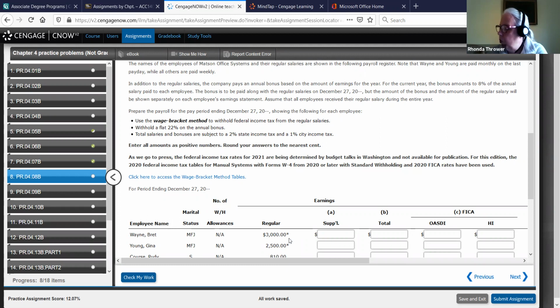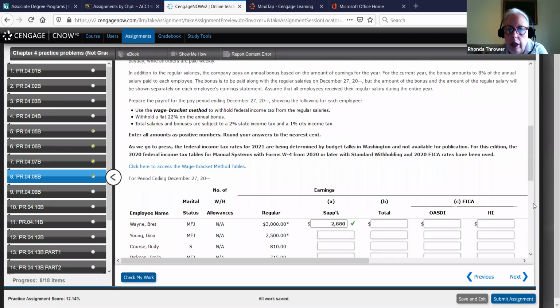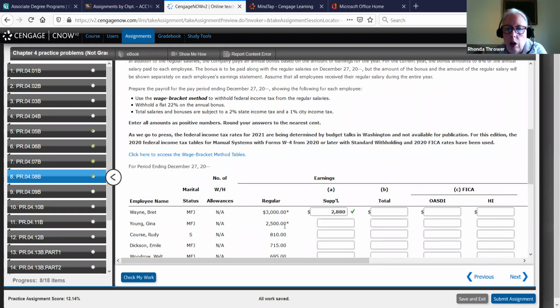And that will give you 2,880, which is the supplemental or the bonus amount. So I'm going to put in 2,880 here. And I'm going to check the work, just to make sure the math's right. And we're okay there.